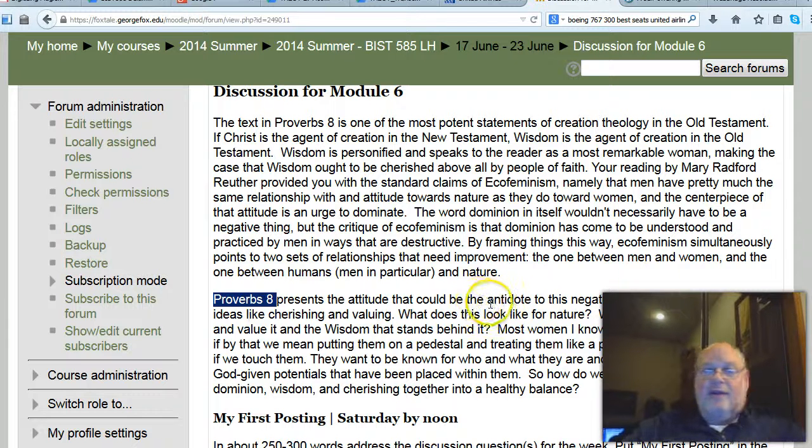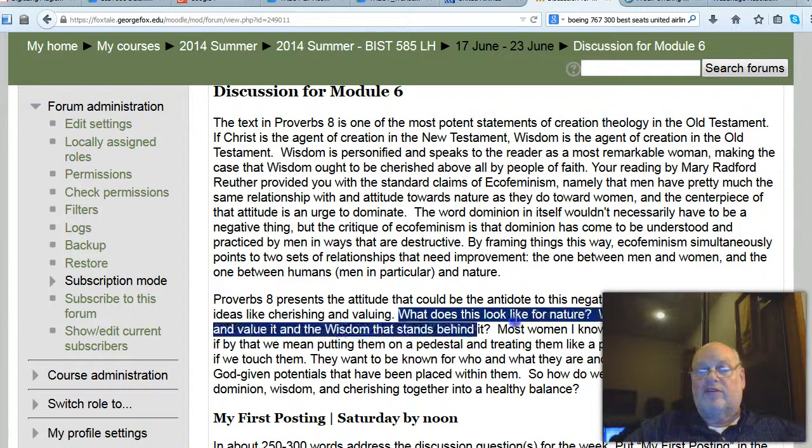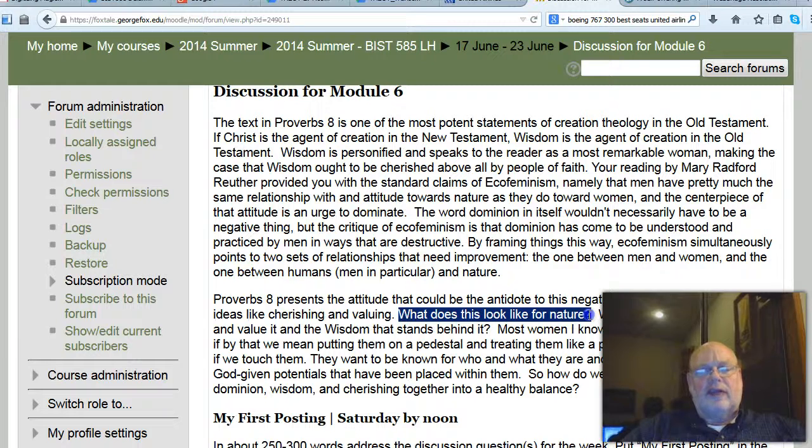One idea might be that Proverbs 8 has something like an antidote to those negative forms of dominion: cherishing, valuing, pursuing as though it's the most important thing, wisdom, that is to say. What does this look like for nature? Would this kind of attitude be the opposite of the dominion attitude?